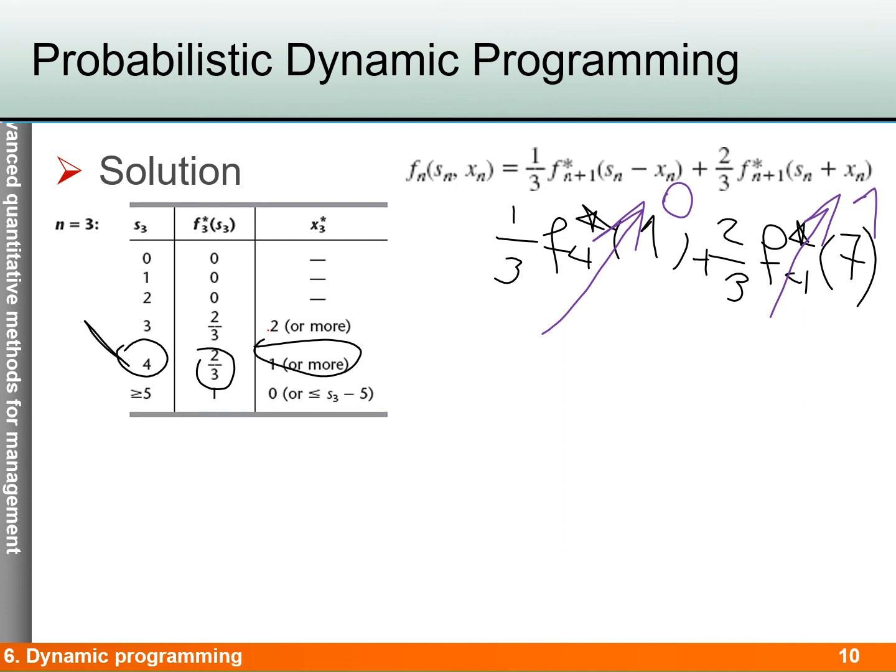You can check it with the other forms, 1 or 2 or 3 or 4, and you can see that this part is less than 5, that is 0, and this part is greater than or equal to 5, that is 1. So this is the form of this calculation. Let's check the last one, that is greater than or equal to 5.